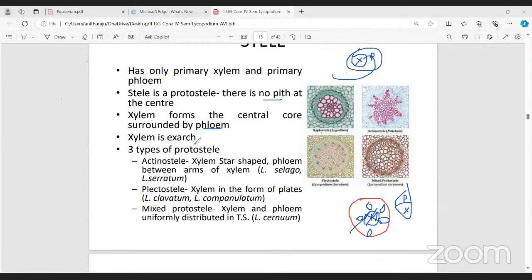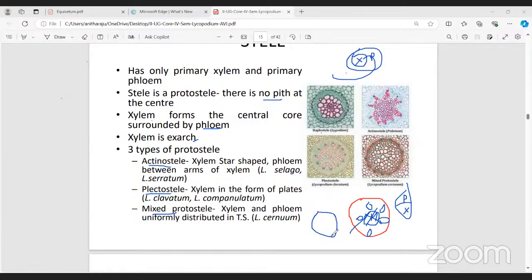Xylem is in exarch condition. Types of protostele, based on species, are haplostele, actinostele, plectostele, or mixed protostele. Let's discuss what exarch is. Exarch means, for example, in xylem, this is the stele.